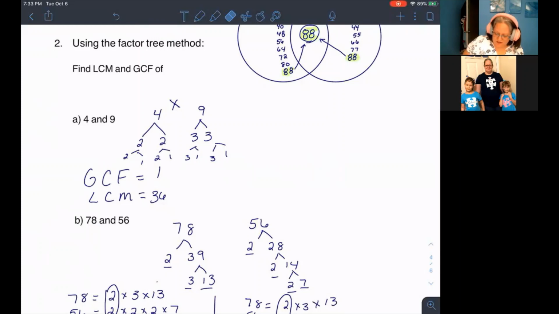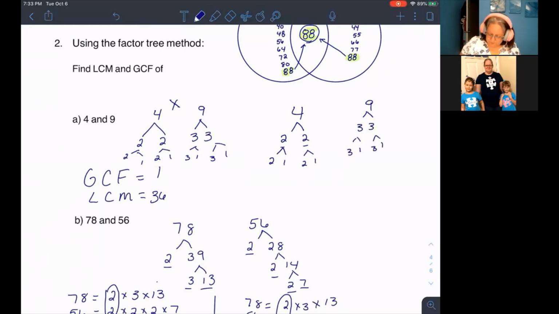We know 4 is 2 and 2, and those are prime numbers. And then we have 9. We're trying to break it down to the primes. So we have 3 and 3 is 9. We can do 2 and 1 and 2 and 1, or 3 and 1 and 3 and 1.